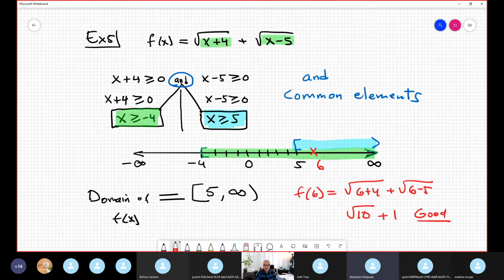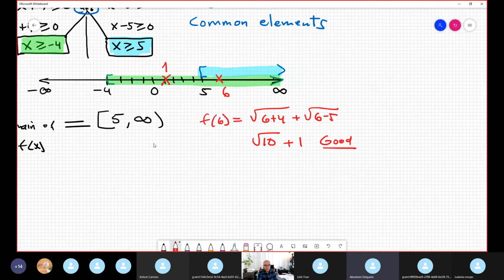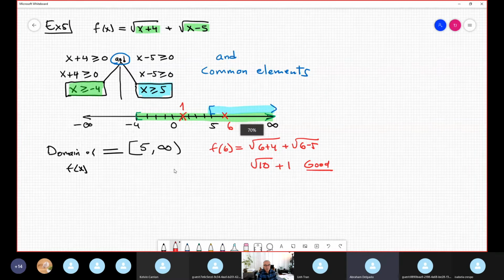However, let me select one guy here, suppose 1. My opinion is it's completely out of the domain according to this idea. So you evaluate 1, and let's see what happens. f of 1 is the square root of 1 plus 4 plus the square root of 1 minus 5.